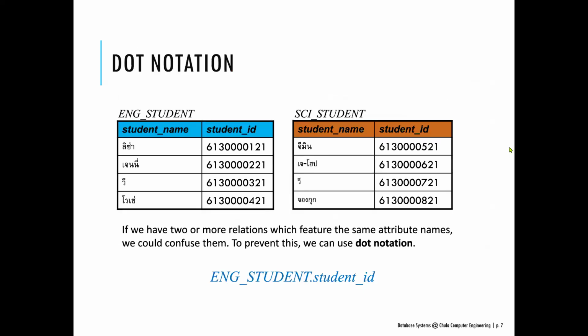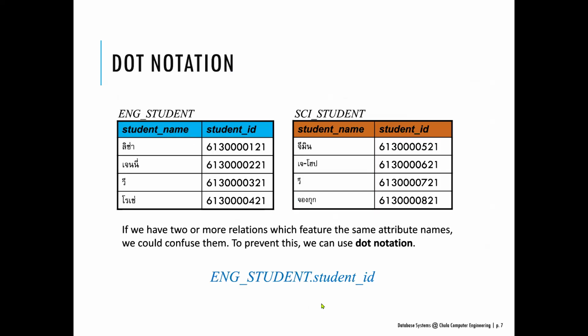Now, another notation that you'll be seeing sometimes and may have to use: if you take a look at these two tables, ENG student and SCI student, you can see that the student name attributes are the same. So if I refer to a student name, I have to say exactly which table or relation it came from.